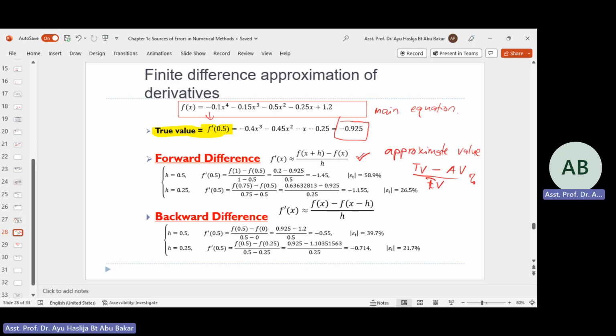Sorry? True value equals to? Positive. You mean positive?